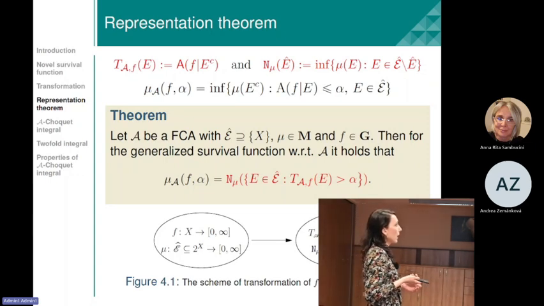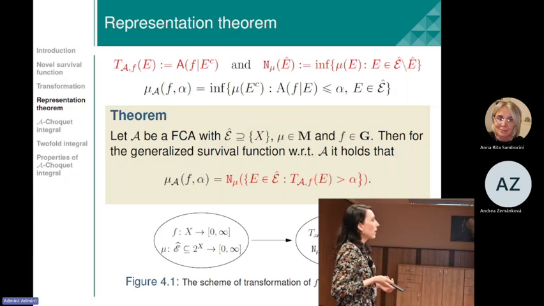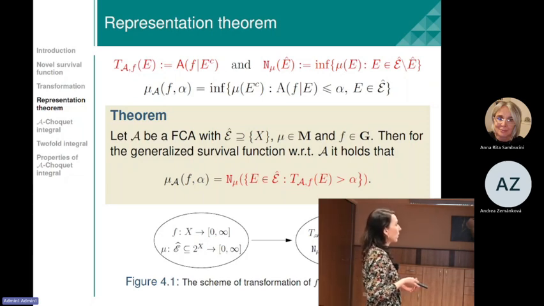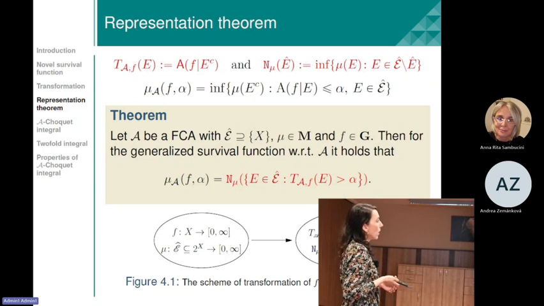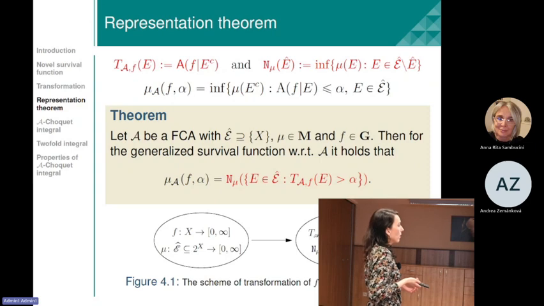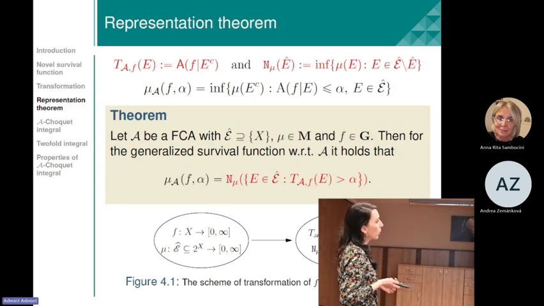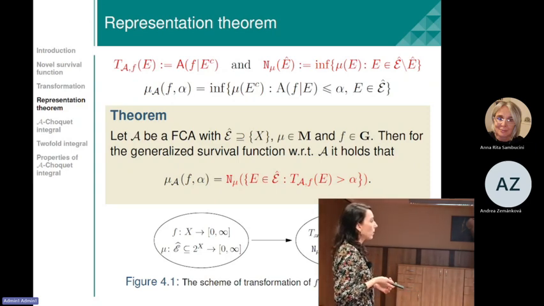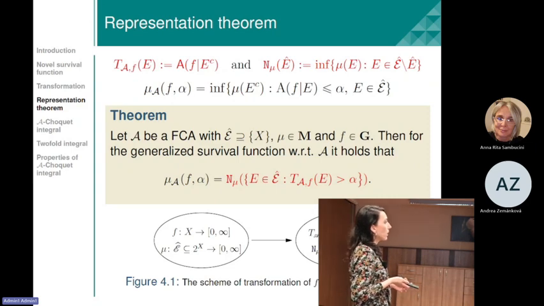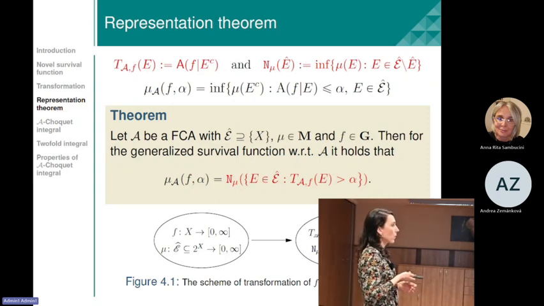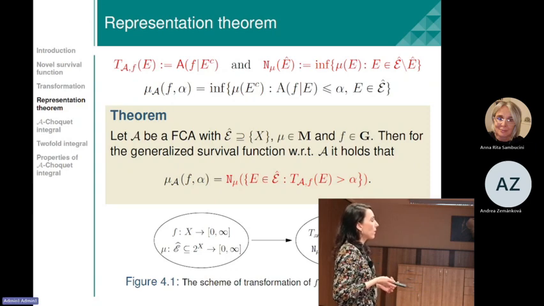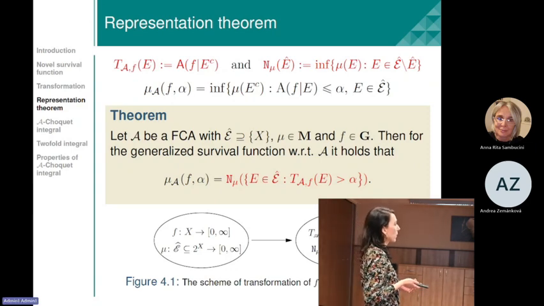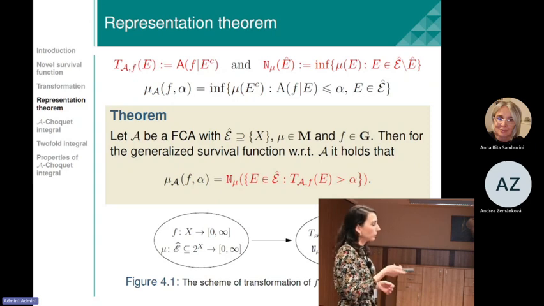So if we take NME and T, then we can rewrite the original formula of the generalized survival function as we can see. As we can see, we do alpha cuts of a set function T, and for better clarification, we can look at the scheme of the transformation of the input function f and the monotone set function mu to hyperspace.